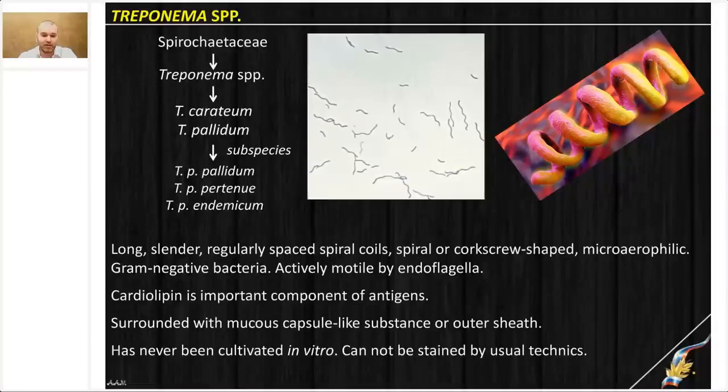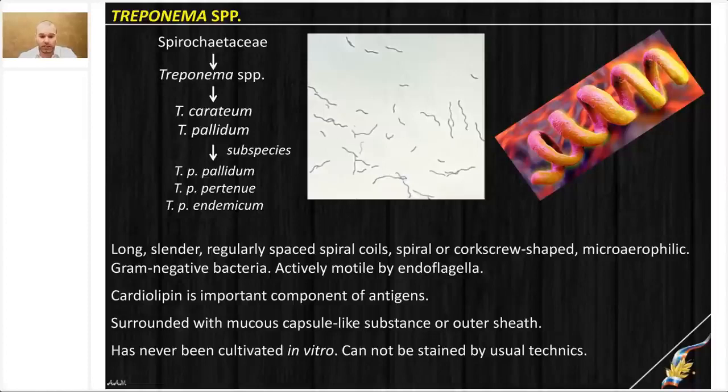Later we'll discuss diagnosis, but one of the important and unique factors in the structure of the bacteria is cardiolipin. It is a component of the cell which is used in identification of bacteria and diagnosis of the disease. It is a natural component of the antigen of Treponema, and besides that, it is present in some other animal species and has a very similar structure.